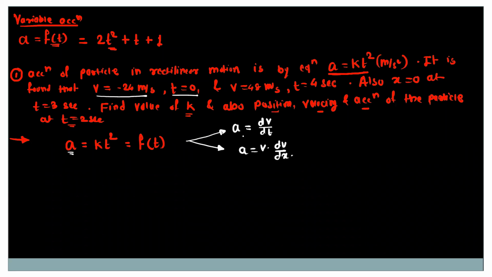Okay, so we can use this second equation, acceleration is equal to v into dv by dx, if acceleration is given as a function of velocity or acceleration is given as a function of the position. When acceleration is given as a function of time, then use the first equation to replace the acceleration term. Okay, so put this value, acceleration is equal to dv by dt in this equation.